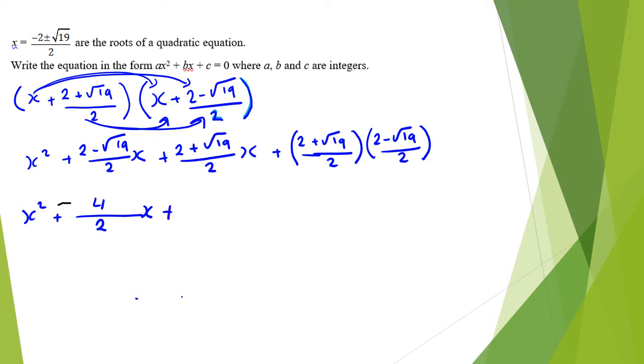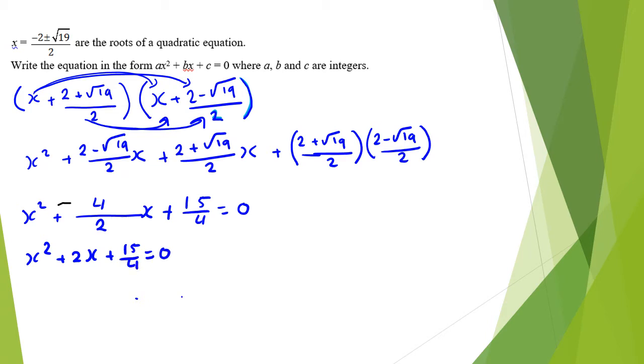Then expanding the constants, you can use the calculator, and the answer is 15 over 4, equals 0. You end up with x squared plus 2x plus 15 over 4 equals 0.